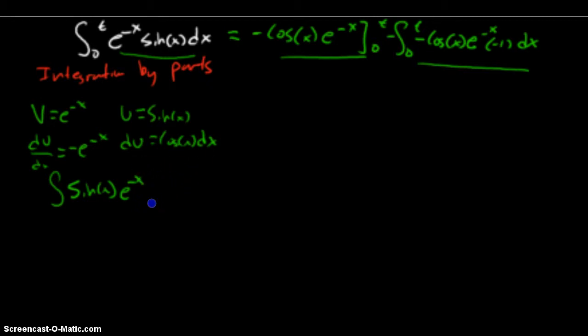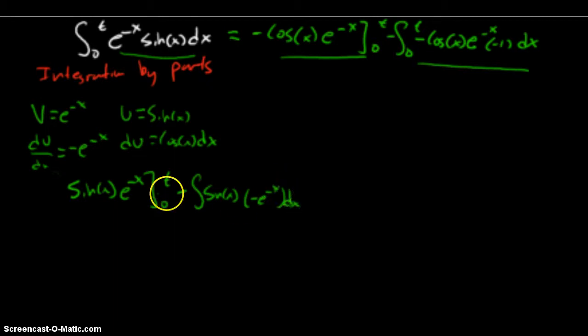Oh, excuse me, there's no integral here, that's my bad, let me take that out. Okay, so sine x e to the minus x from 0 to t minus our integral of sine x times minus e to the minus x dx.